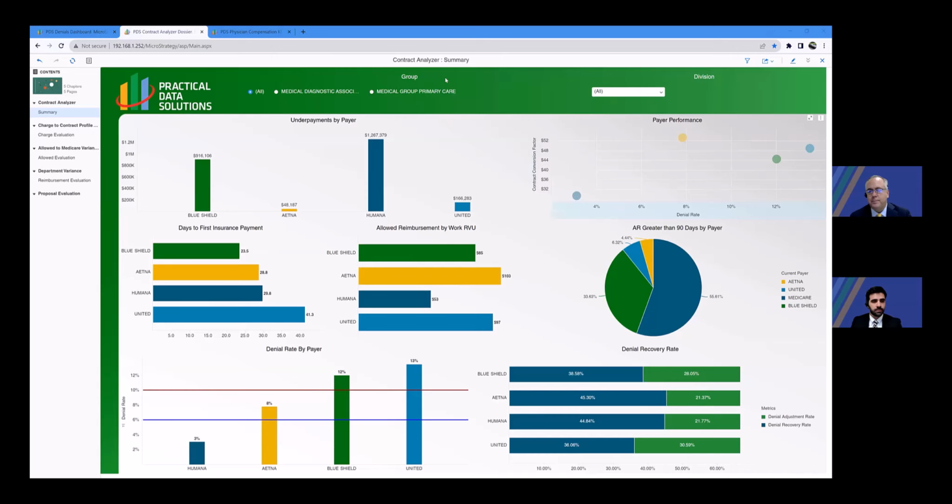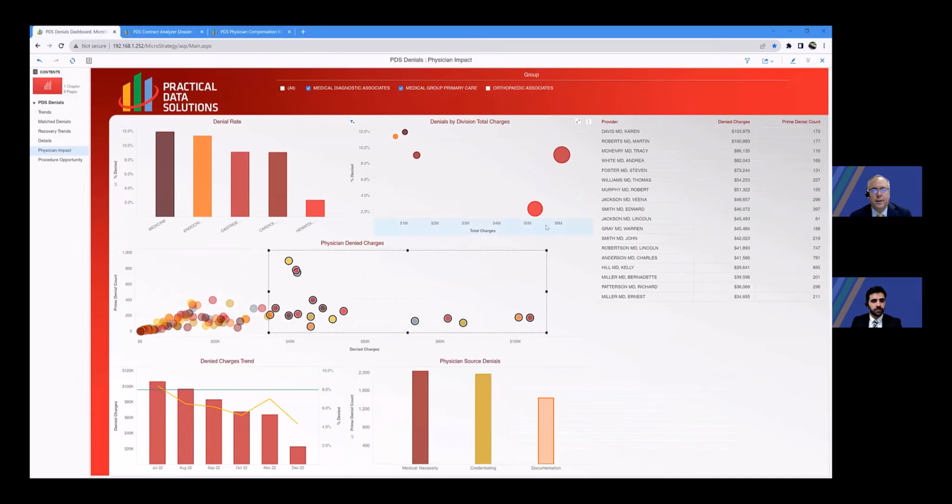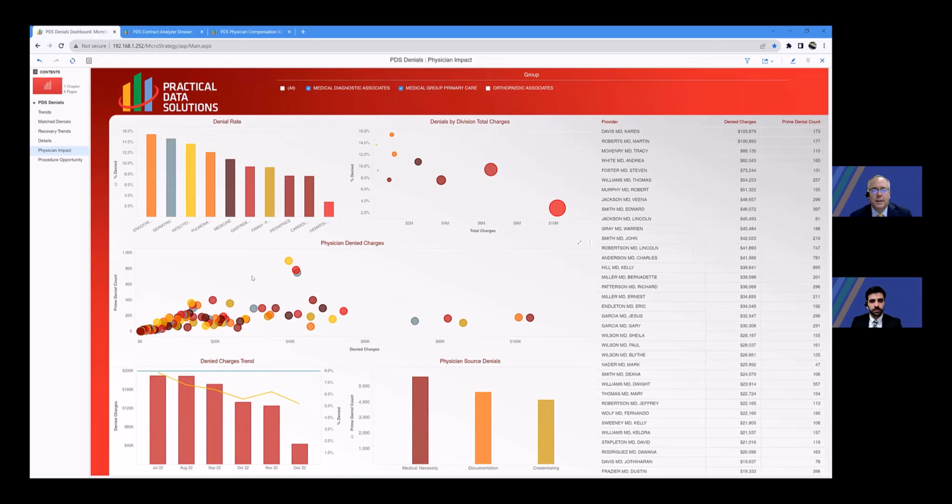Okay. The other area, Nick, you touched on was, could we blend data and understand the physician's impact on denials? And because we've categorized denials, we could go down and even categorize the denials and say there are three key areas that the physicians can impact: medical necessity, the documentation, or even credentialing, right?